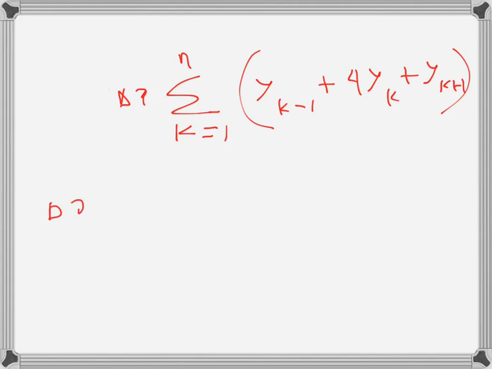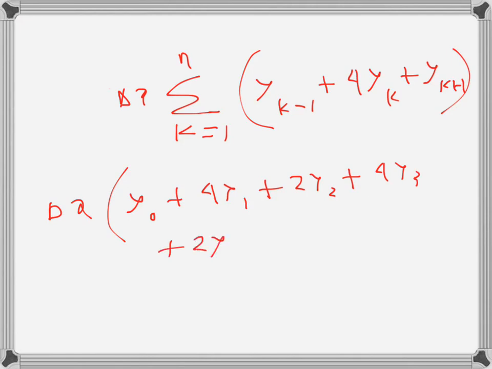So it becomes, the first one becomes y0, then 4y1 plus 2y2 plus 4y3 plus 2y4 and so on. So the odd ones are multiplied by 4 and the even ones are multiplied by 2. That's how the series becomes.